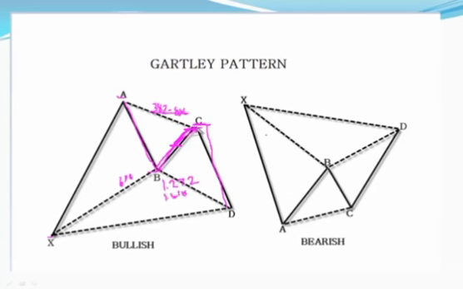So the market extension goes from B to C down to D, a 1272 to 1618 of that B to C. Okay? And then right here, 786. So Gartley should not go more from X low to A high past 786 into the D pattern. And that creates a perfect Gartley. That would be a bullish Gartley pattern.